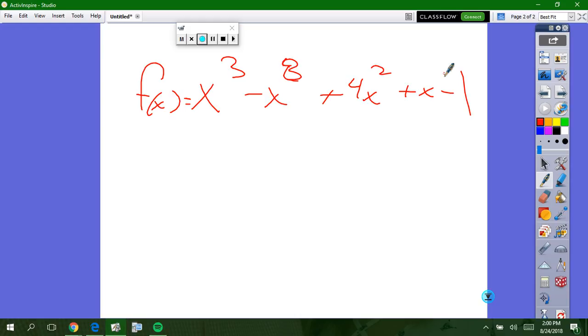Okay. So, with that being said, we can tell what this graph looks like, and I'm going to prepare you for it. Because we're going to think about a line, what does it look like?